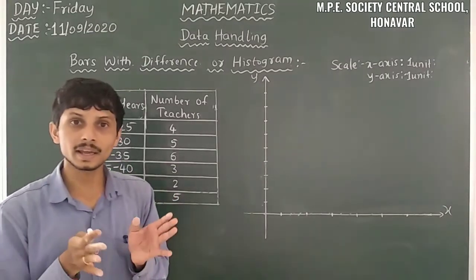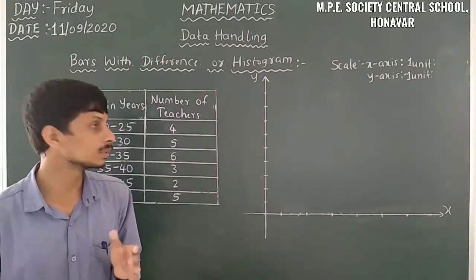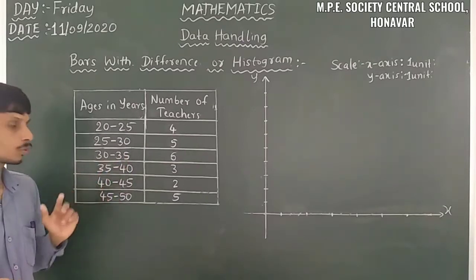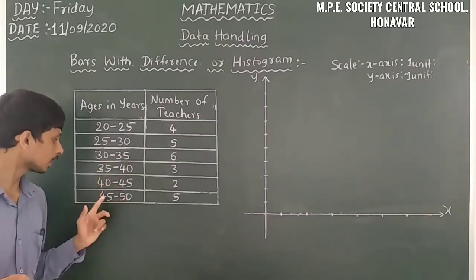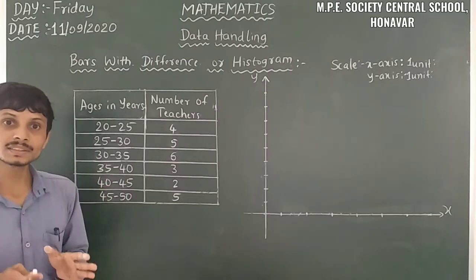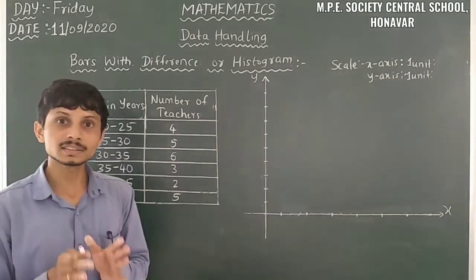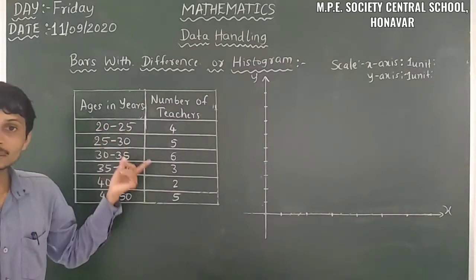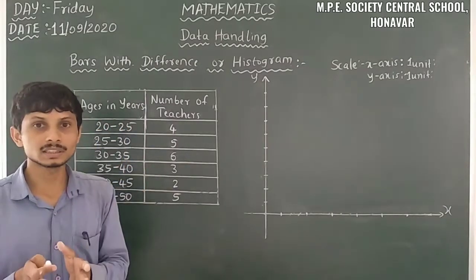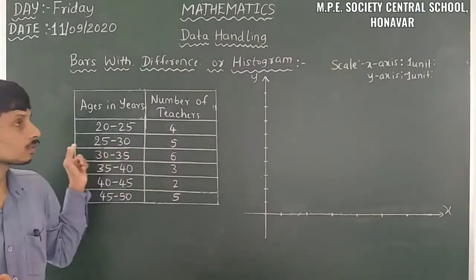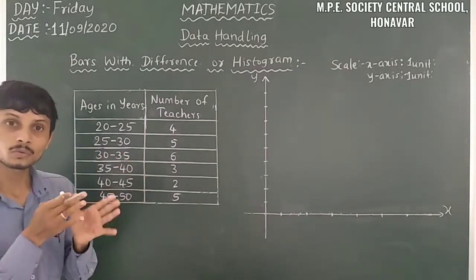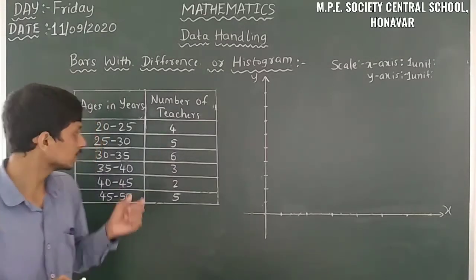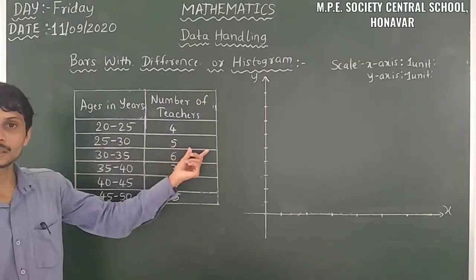When we take the ages, 25 is repeated twice, 30 twice, 35 twice, 40 twice, 45 twice. So when a teacher's age is 25, he or she enters this class interval; when the teacher's age is 25, we consider them in this interval.